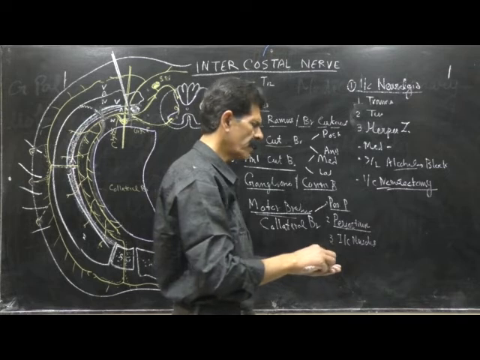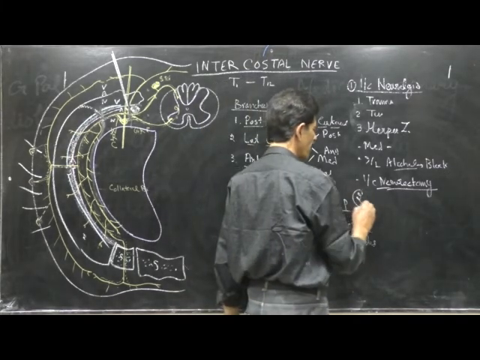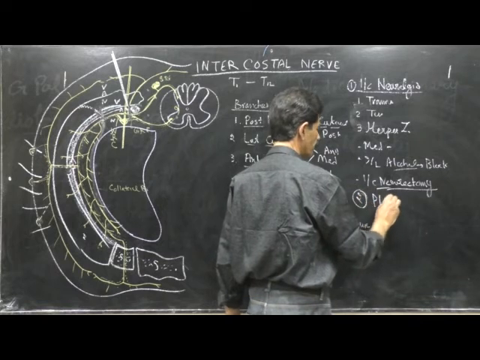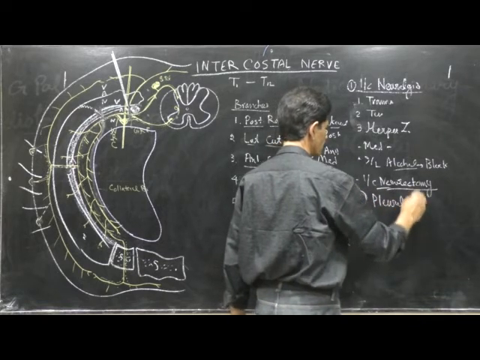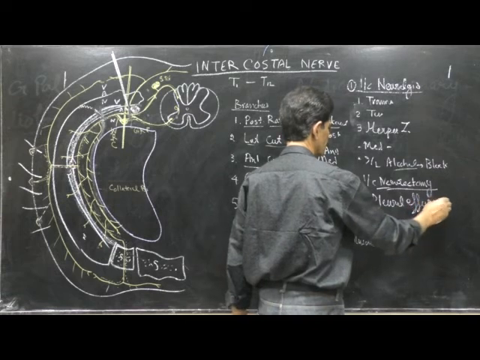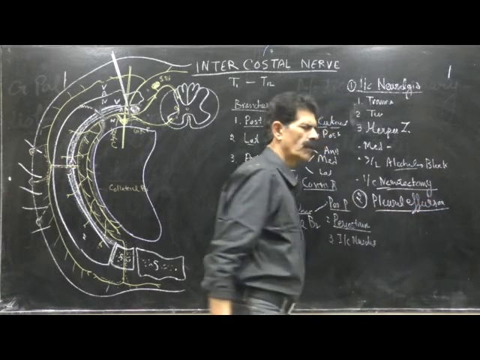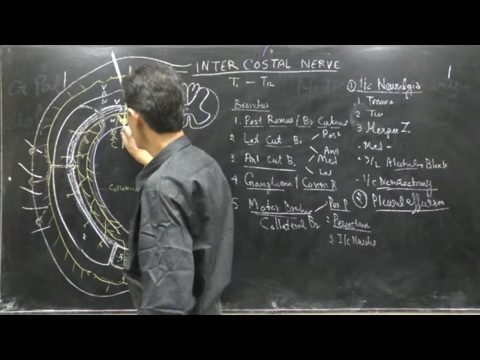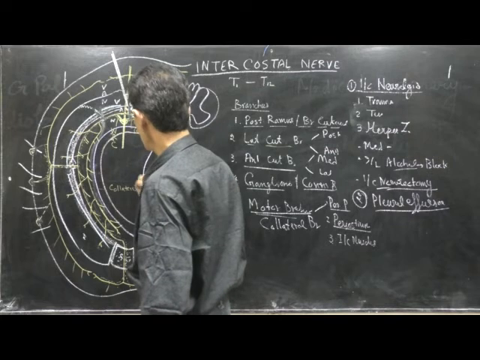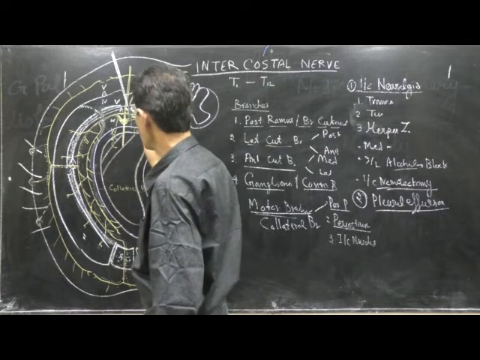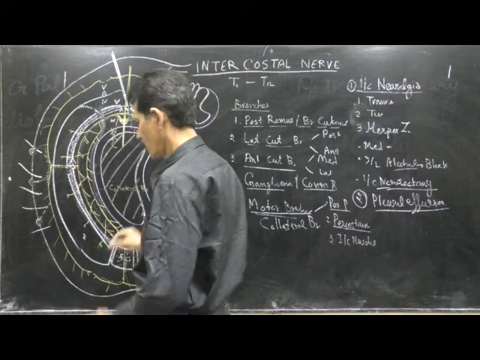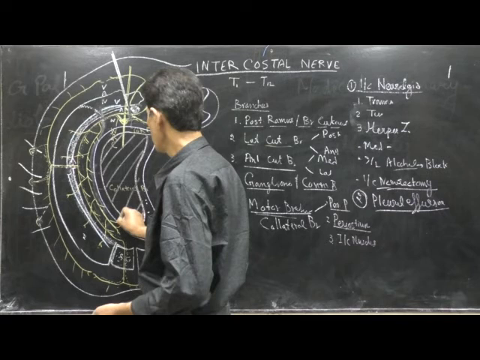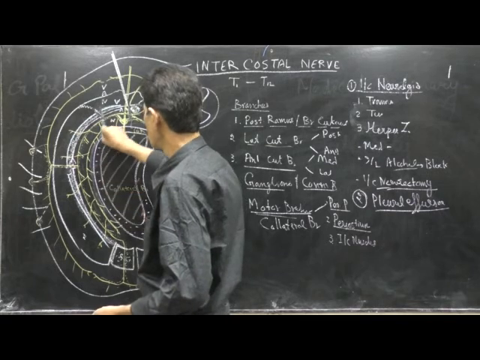The second applied anatomy of the intercostal nerve is pleural effusion. In the case of pleural effusion, there is a collection of fluid between the visceral pleura and the parietal pleura. The fluid is there in the pleural cavity.